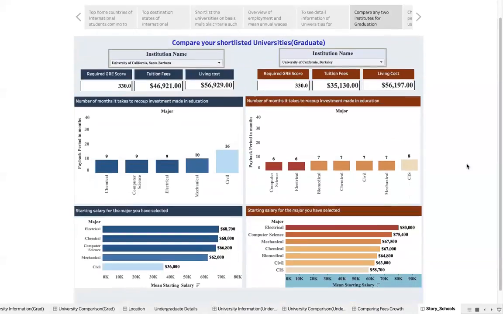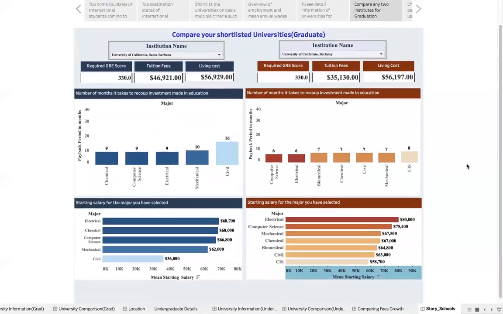And while looking over the payback period, we can see that the computer science payback period is 9 months, whereas for University of California, Berkeley, it is around 6 months. While calculating the payback period, we have considered the tuition fees alone, along with the salaries which students might be getting after graduating.